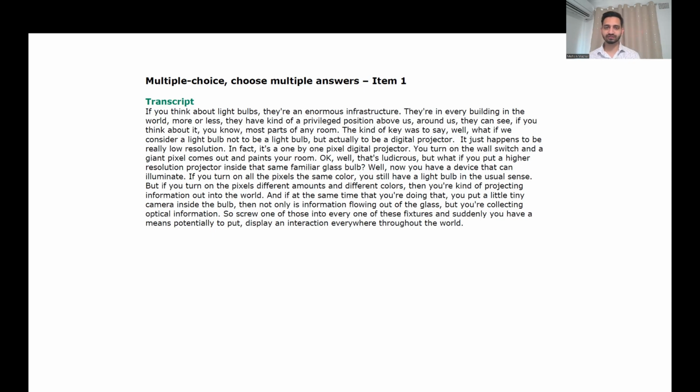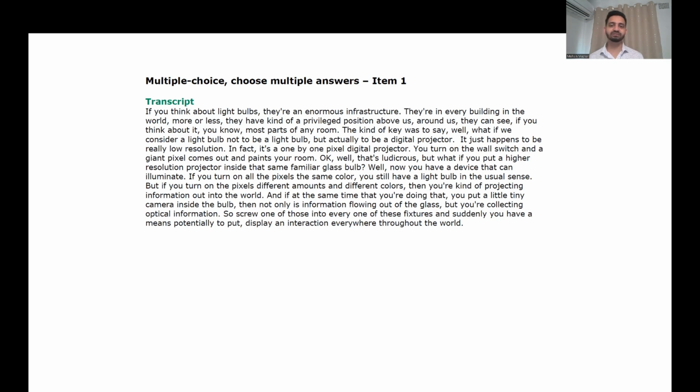Okay, well, that's ludicrous. But what if you put a higher resolution projector inside the same familiar glass bulb? Well, now you have a device that can illuminate. If you turn on all the pixels the same color, you still have a light bulb and in the usual sense, but if you turn on the pixels different amounts and different colors, then you are kind of projecting information out into the world.